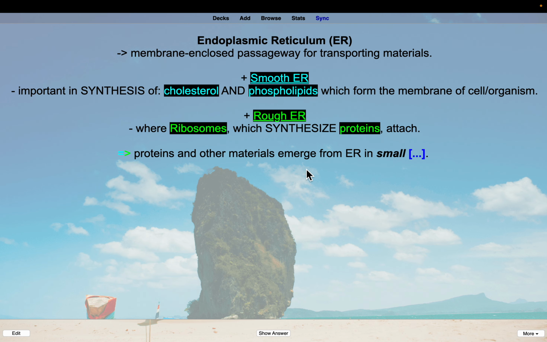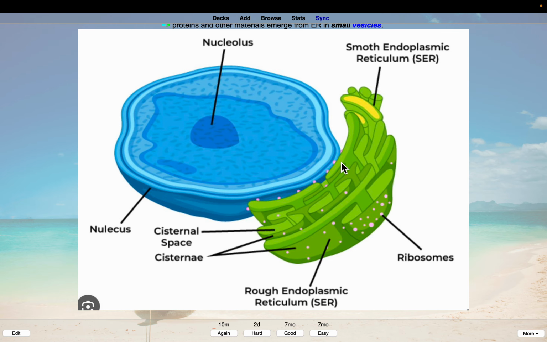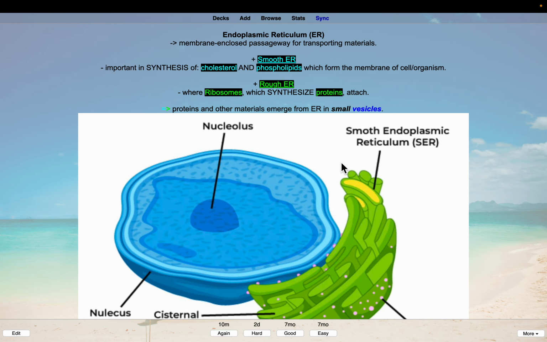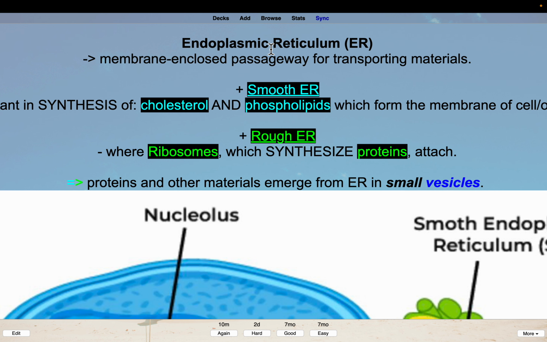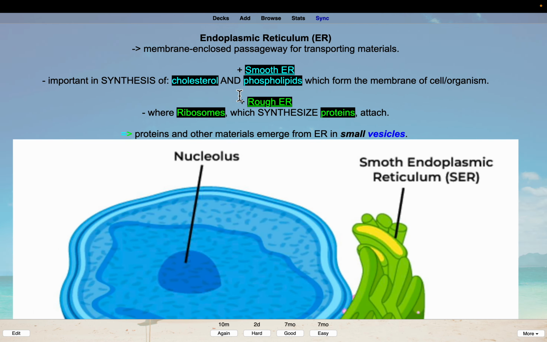Proteins and other materials emerge from the ER in small vesicles. Okay, what is the general definition of the ER? It is a membrane enclosed passageway for transporting materials.